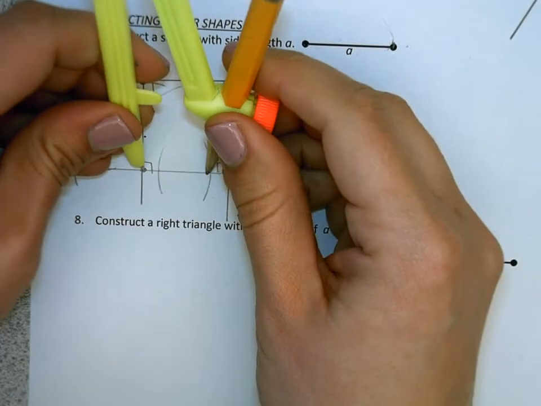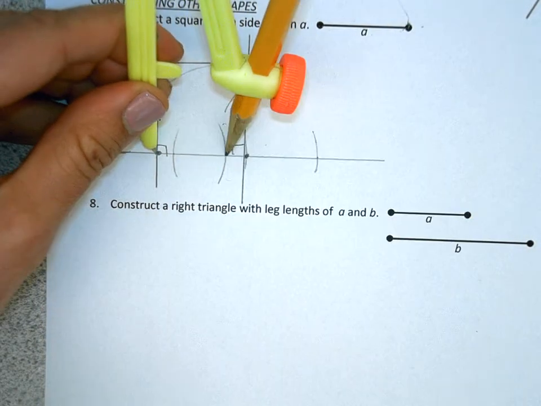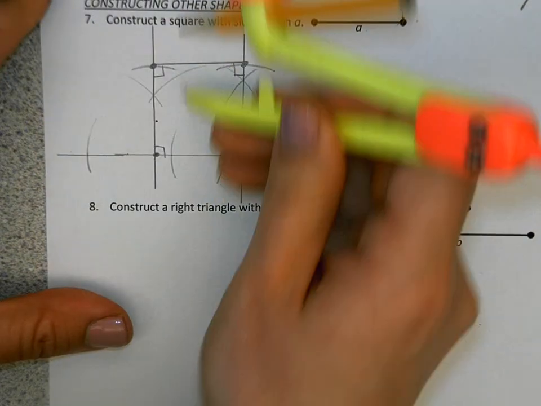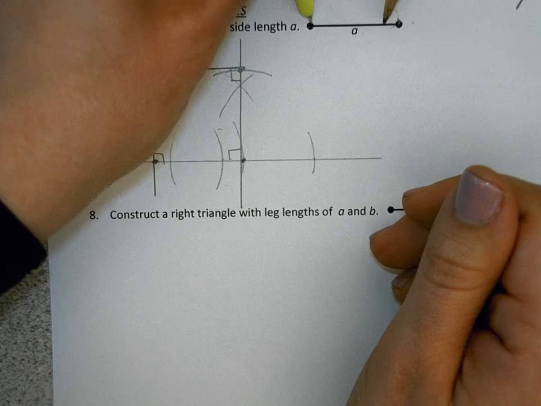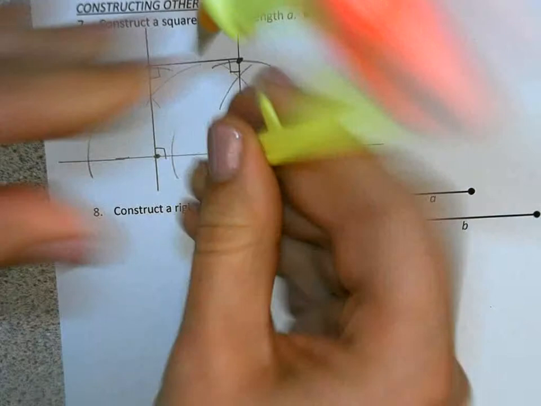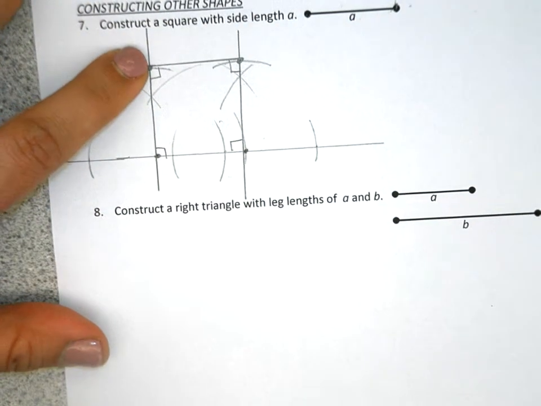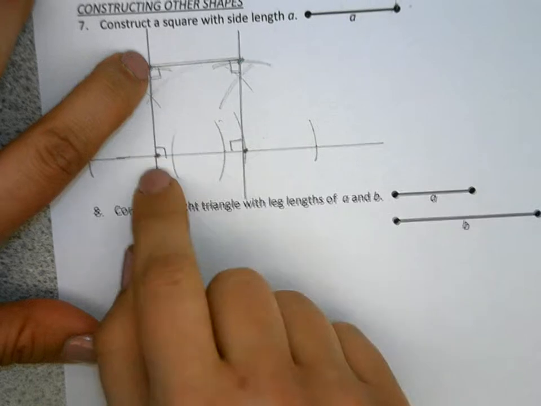So I made an arc, found the intersection, and then I copied segment A from here to here, and I drew the line. And then I know that the distance between this point and this point is A because they're perpendicular, right? So then you can just connect them.